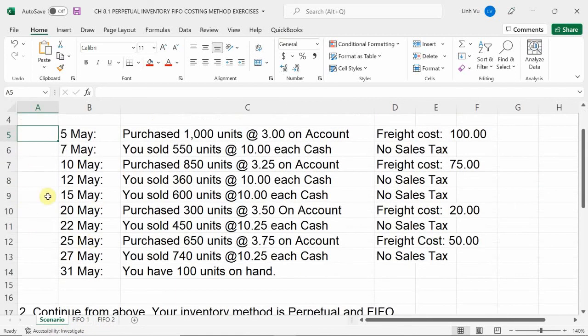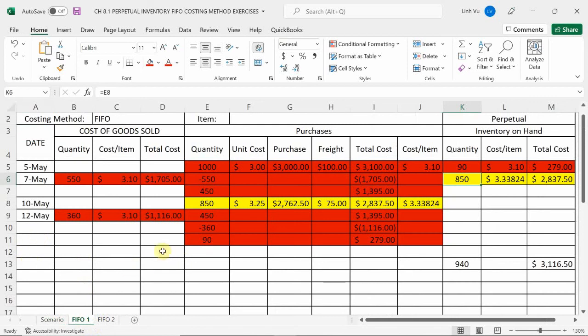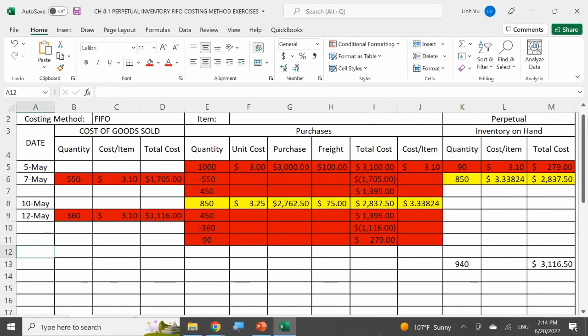So then May 15, you end up selling another 600 units. Now, let's take a look. I have my red batch of inventory and I have my yellow batch of inventory.